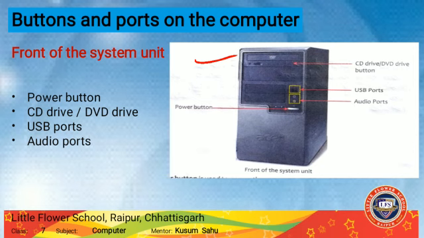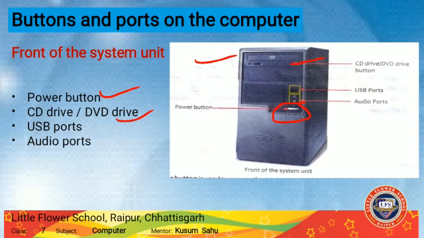Here we have one power button. To switch on the computer, we need to press this power button on CPU box. Next is CD drive or DVD drive. Here you can put the CD and play some movies also and watch videos.